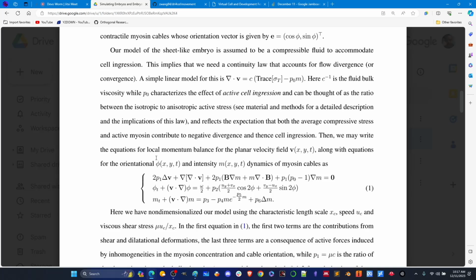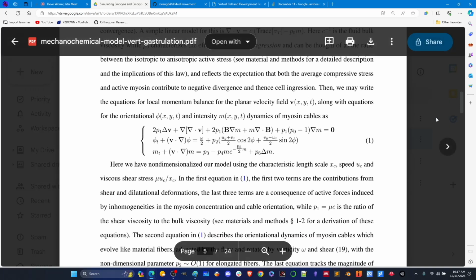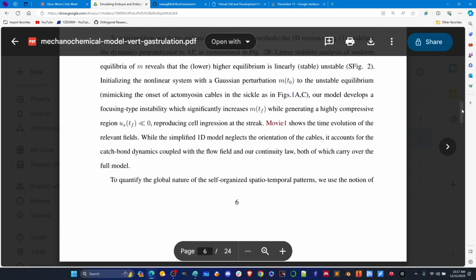Then we may write the equations for local momentum balance of the planar velocity field, which is v(x, y, time), along with equations for the orientational and intensity dynamics of myosin cables. So that's these two here, variations on v, this velocity field, and here are the equations. So this is what they're working with. They've laid this out in terms of a mathematical model.